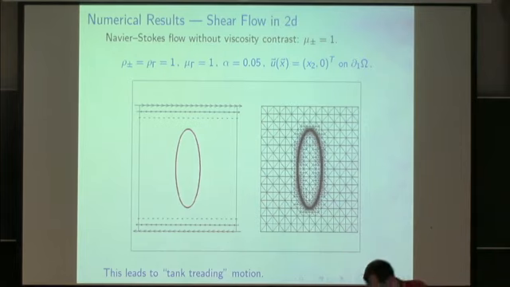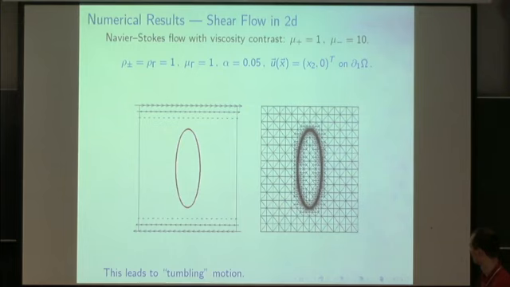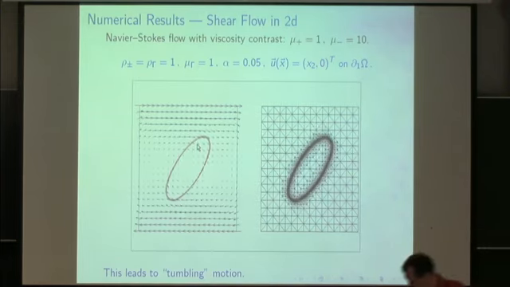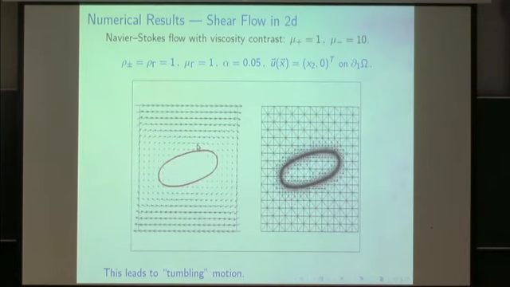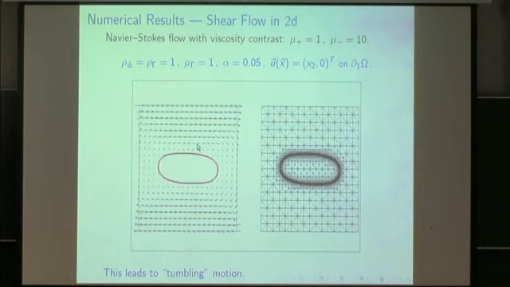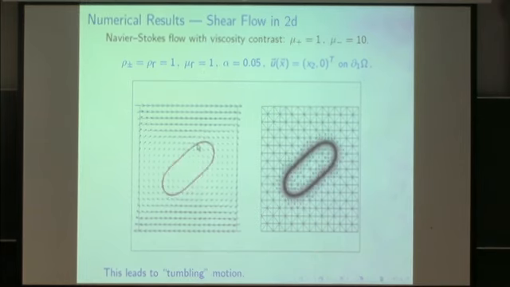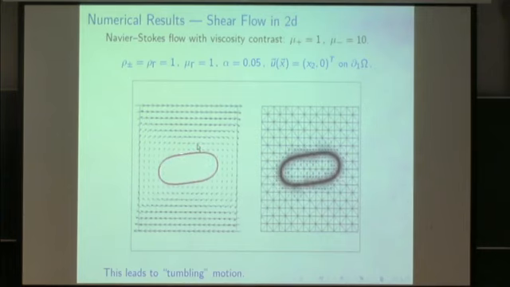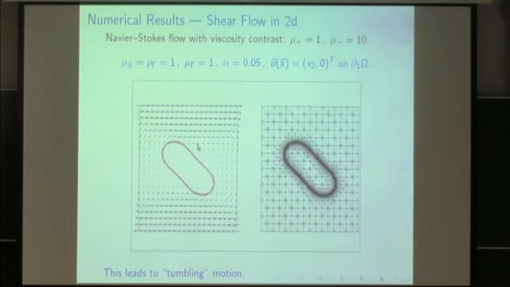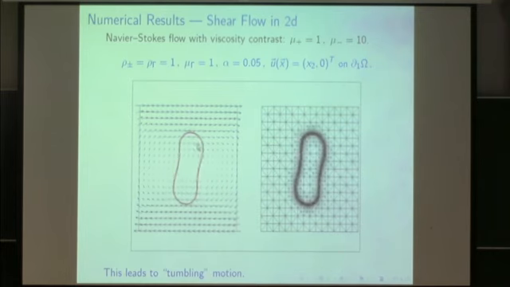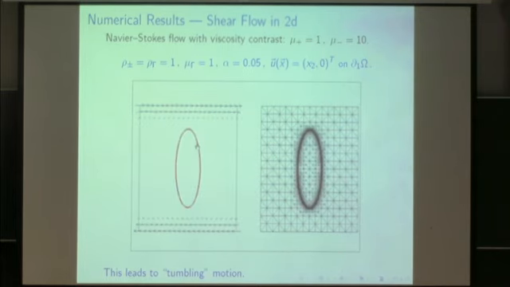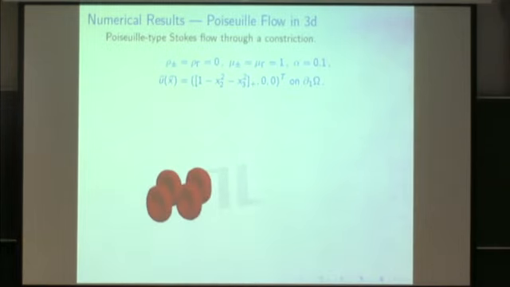That's called tank treading for obvious reasons, and there's also tumbling, and I think this is when the surface viscosity is sufficiently large, so that it can't assume this tank treading shape, so it actually is forced to have this tumbling motion and change around. So I think okay, there's one more question?